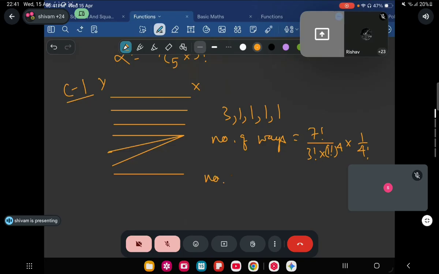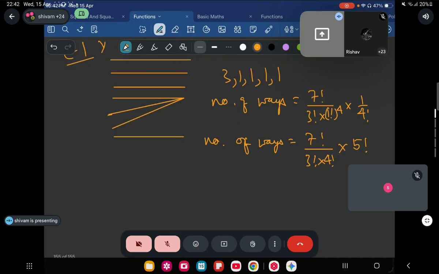Number of ways to distribute the groups into 5 elements will be 7 factorial divided by 3 factorial into 4 factorial, multiplied by 5 factorial. Is it clear, Rishabh? Yes.